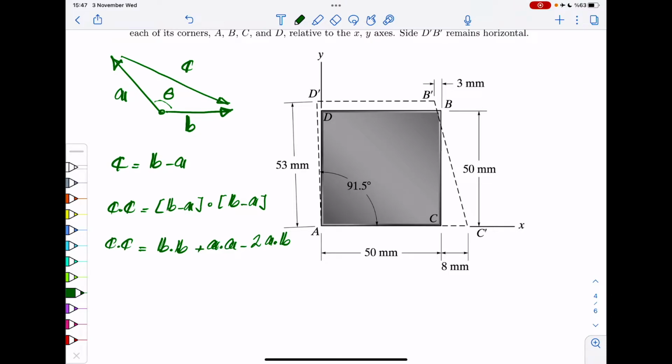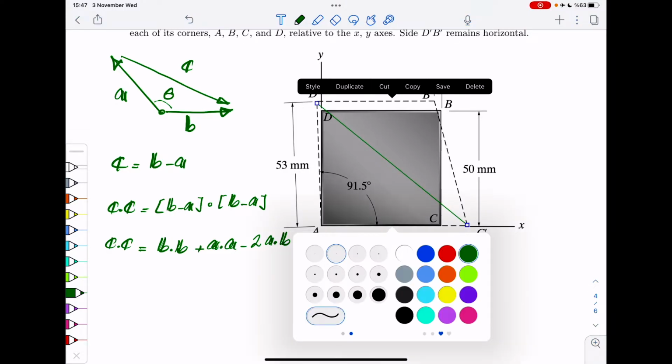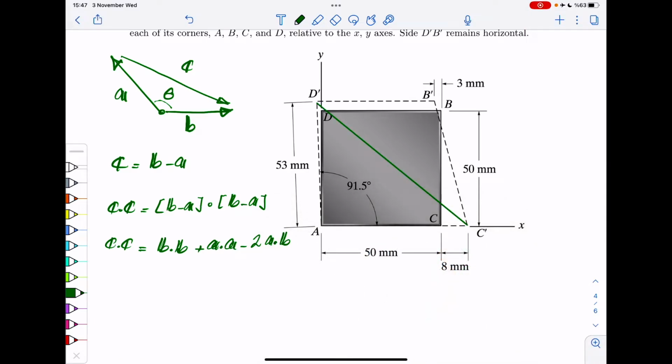If I draw a line here, that's the line C prime D prime, and let's call this angle theta.